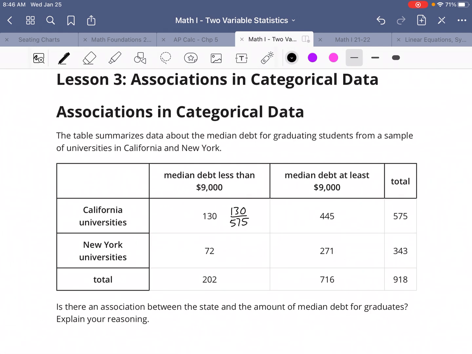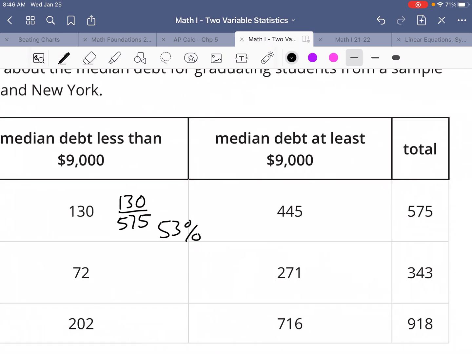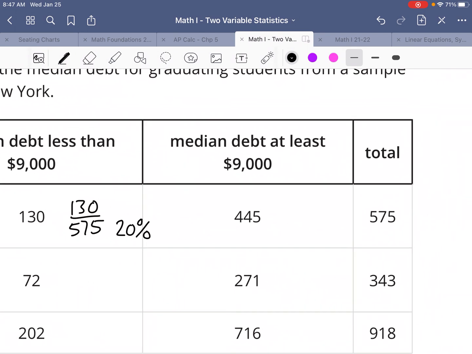And let me see, 13 times 4 would be 52. It's like 53-ish%, I think. Which means that this over here, that's not a right number, 53. It's more like 20%, because it's 1/5-ish.